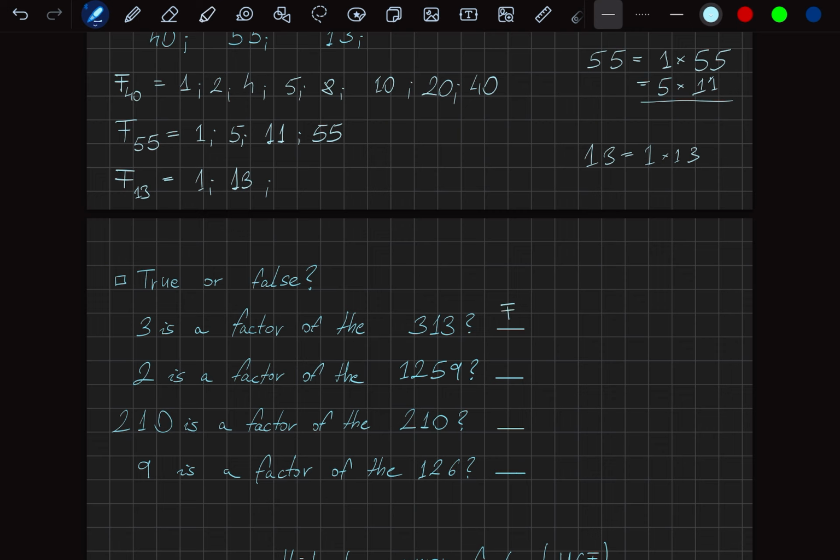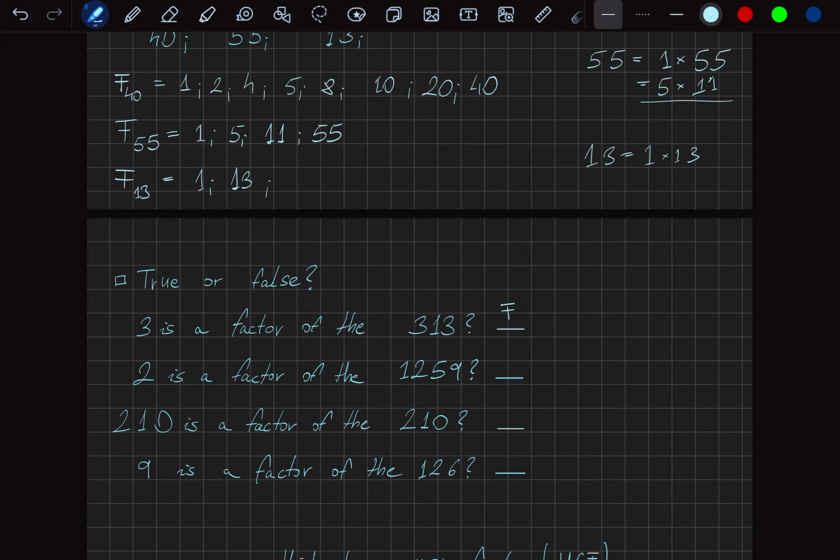2 is a factor of 1259. I can divide a number by 2 if it's an even number, so if the last digit is 0, 2, 4, 6, or 8.